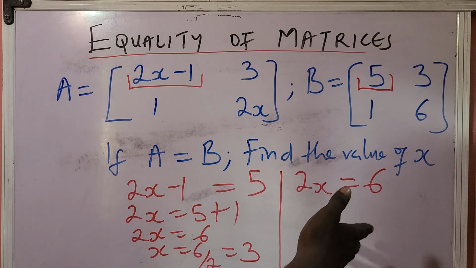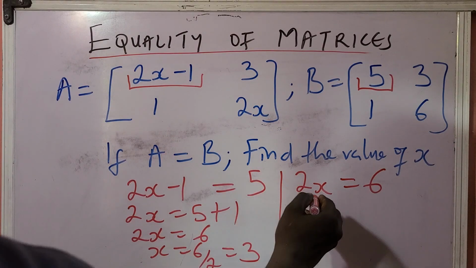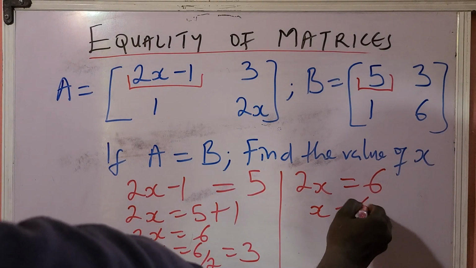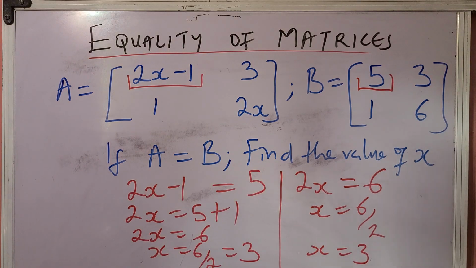And the other side, where we have 2x being equal to 6, will give us our confirmation, because x right here is 6 over 2 and x equals 3. So you see, we have been able to find the value of x with the concept of equality of matrices. So we can go on to identify our x as 3.